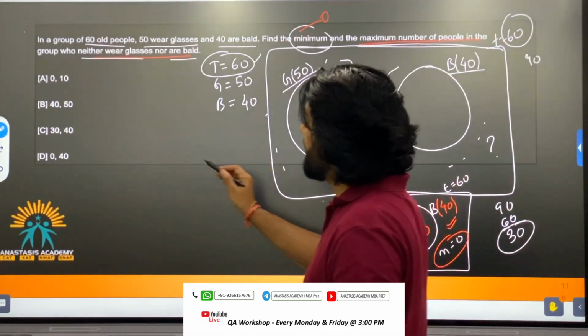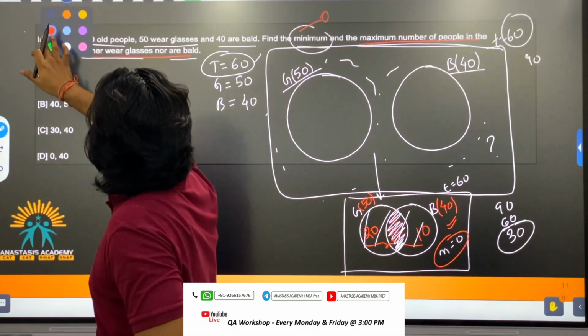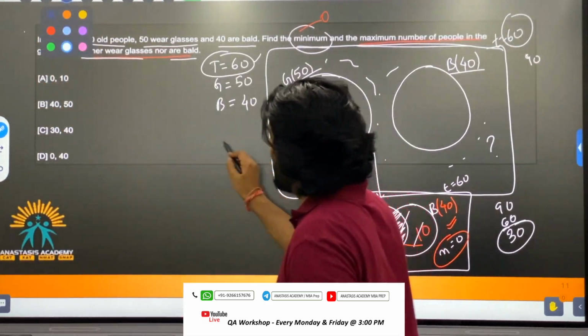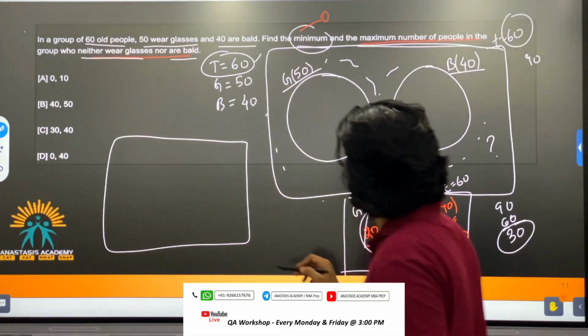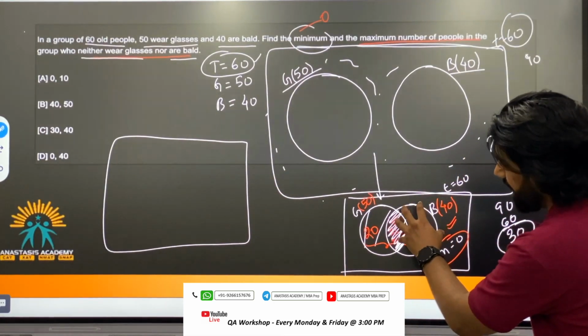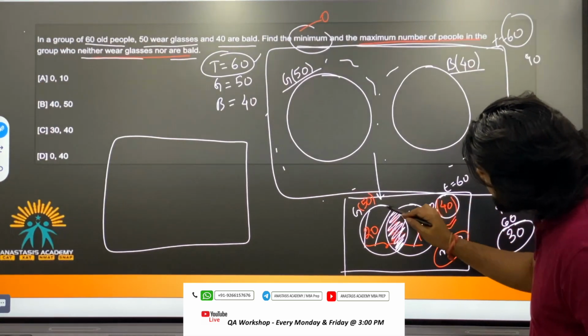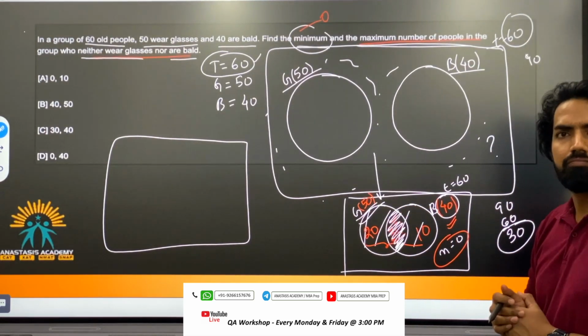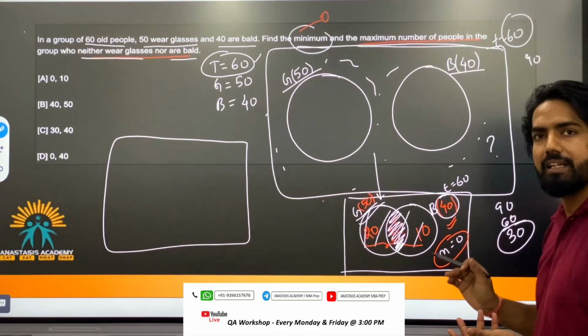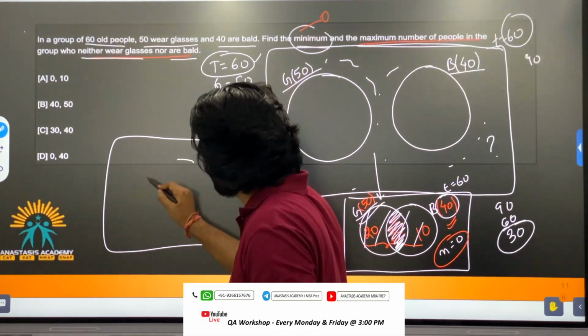So now my Venn diagram would be like this: I need to fit one set within the other set. So I can have all these 40 people inside this.